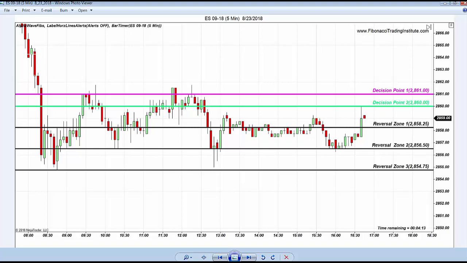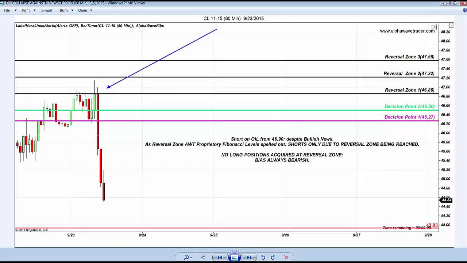And this is exact same formula on oil from the trading room in 2015. Very bullish news. Knowledgeable trader monitoring for shorts. Simple. Do not enter into reversal zone, no matter how bullish the news is.